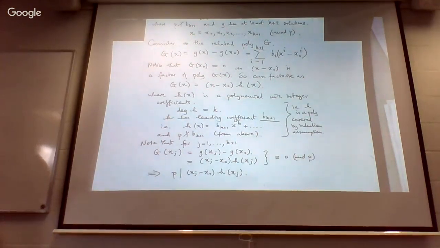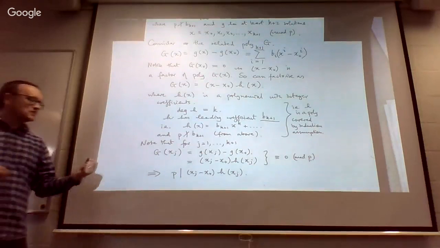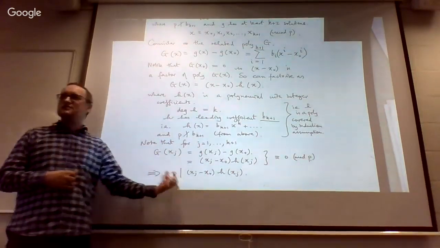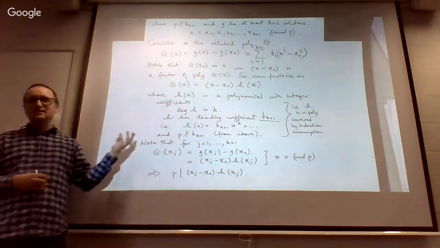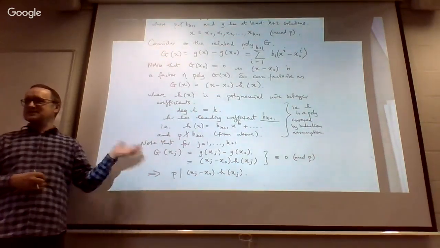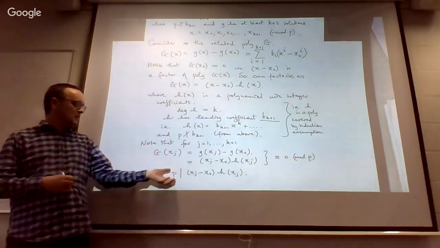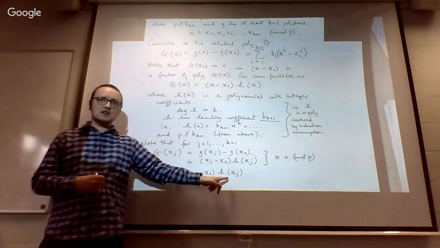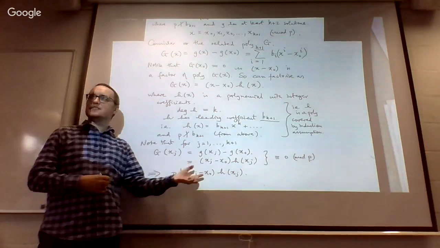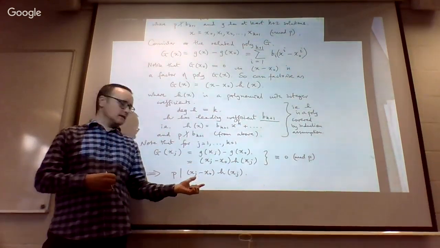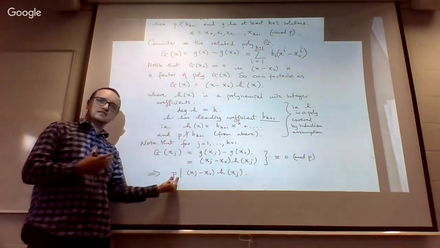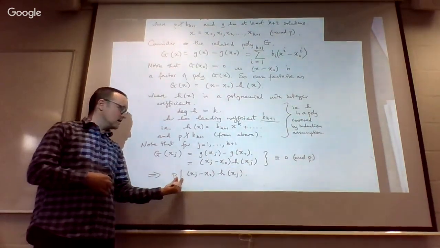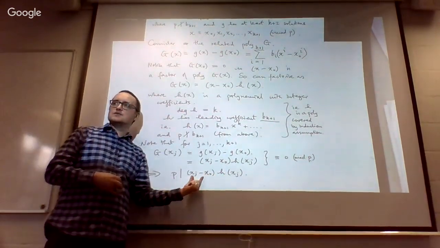One of them must be divisible by p. This is the quintessential feature of prime numbers. Some people see it as the definition of a prime number. Prime numbers are those numbers with the property that whenever p divides a product, p must divide at least one of the factors. Can't split p up. It's unfactorizable, so it must be wholly contained in one of these two numbers.